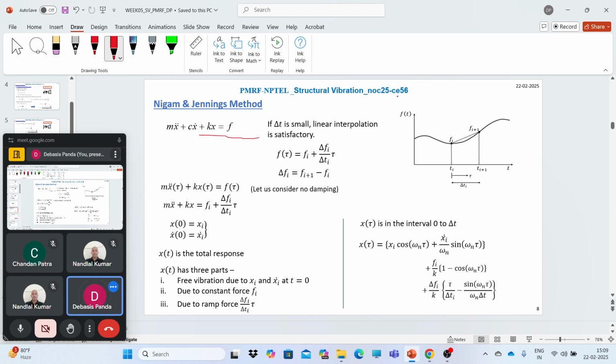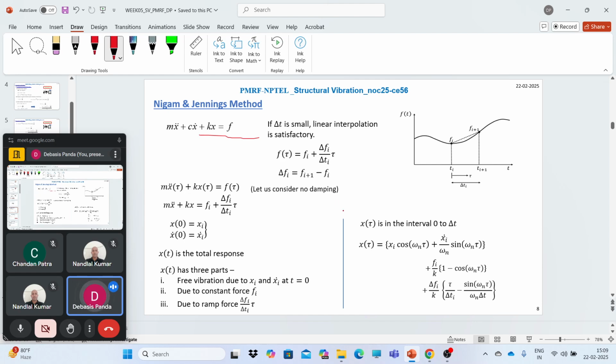Okay. So the forcing function here can be expressed as f tau equals f i plus del f i by del t i multiplied by tau. Now, obviously, del f i is nothing but the difference between the two time instants t i and t i plus 1.